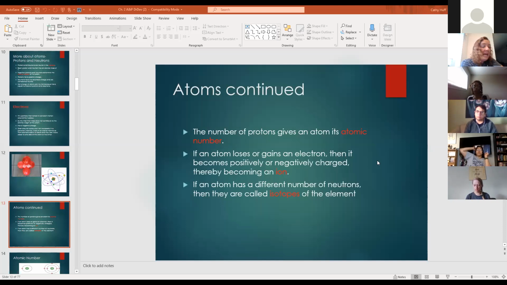If I gain an electron, I become more negative. If I lose an electron, I become more positive. And if I have a negative or positive charge, I can electrostatically be attracted to the opposite, and that would then be the ionic bond.